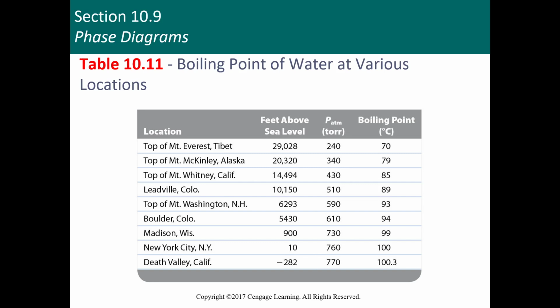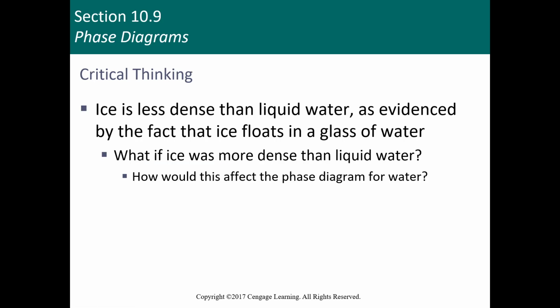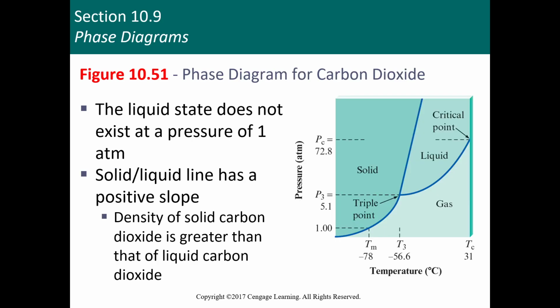Whereas down at sea level, the water will boil slower and it will actually get to 100 degrees Celsius when you're boiling it. And for example, this is below sea level right here, which is Death Valley, California, and it actually takes 100.3 to boil the water. We already talked about that quite a bit, so.